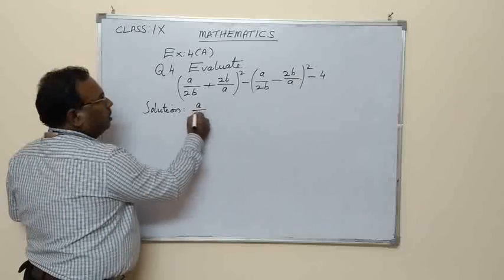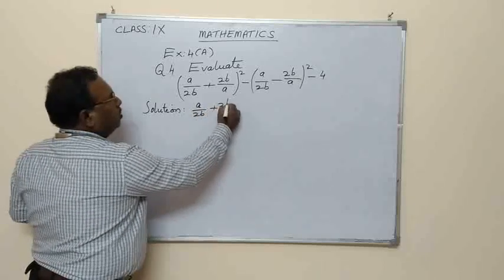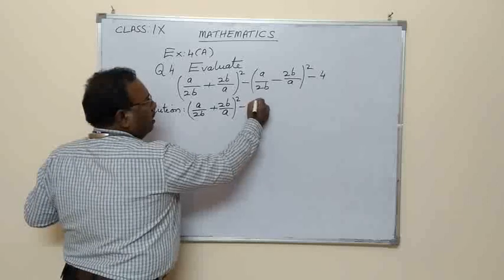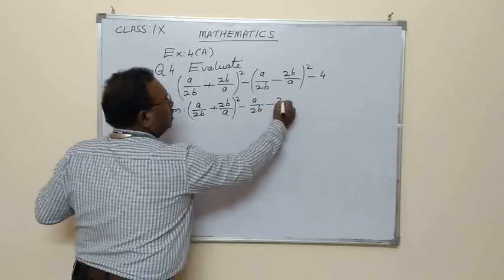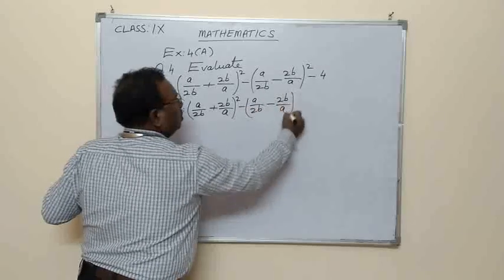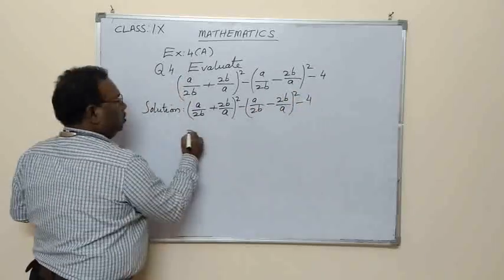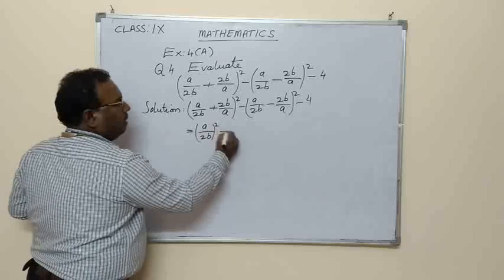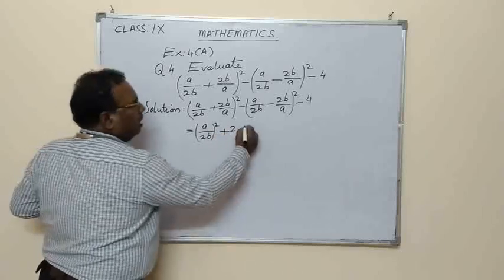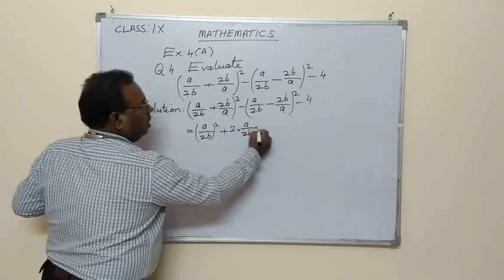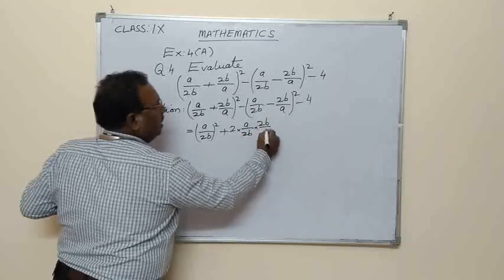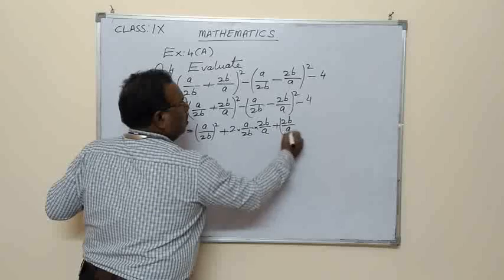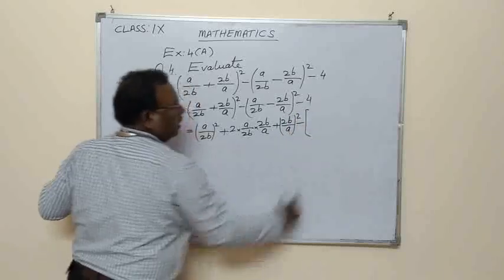(A upon 2B plus 2B by A) all square minus (A by 2B minus 2B by A) all square minus 4 is equal to (A divided by 2B) all square plus 2 into A divided by 2B into 2B divided by A plus (2B by A) all square minus, put a bracket here.